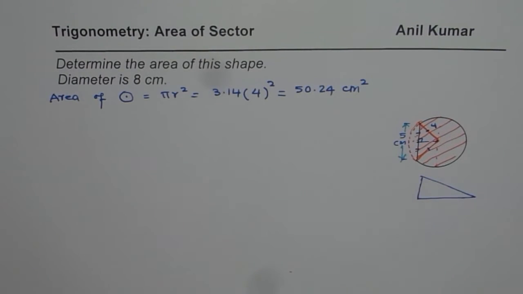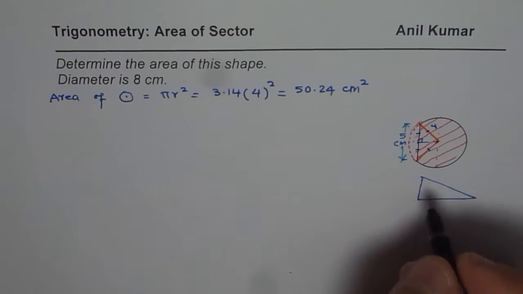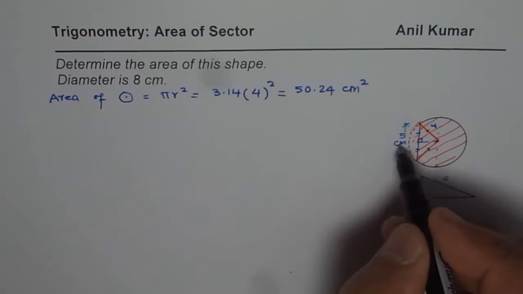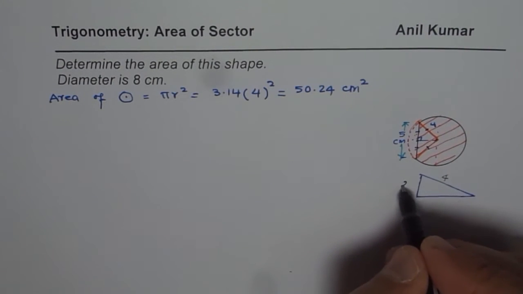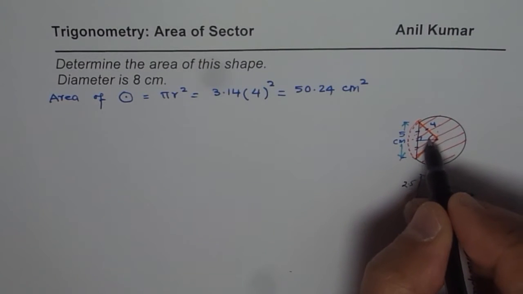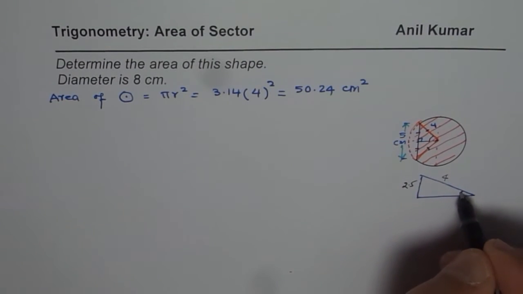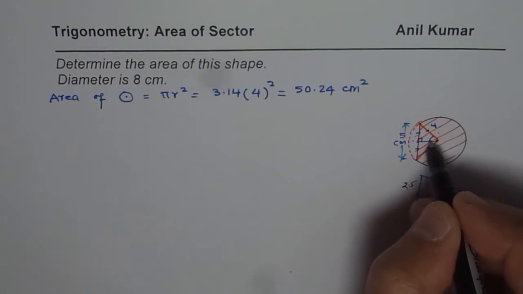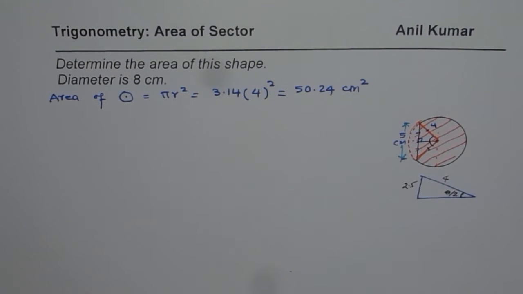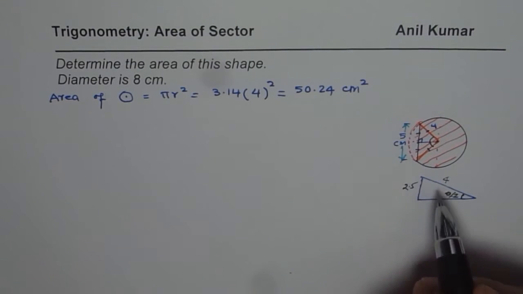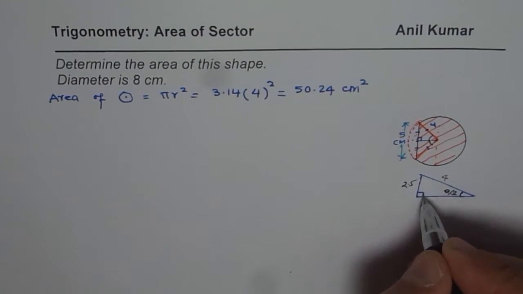So in this particular triangle, this is the radius 4 for us, and that is half of the chord, 2.5. And this angle is half of the whole angle. Let's say this angle is theta by 2. If theta is the whole angle, we can find theta by 2 by using the sine ratio, since we know this is perpendicular.